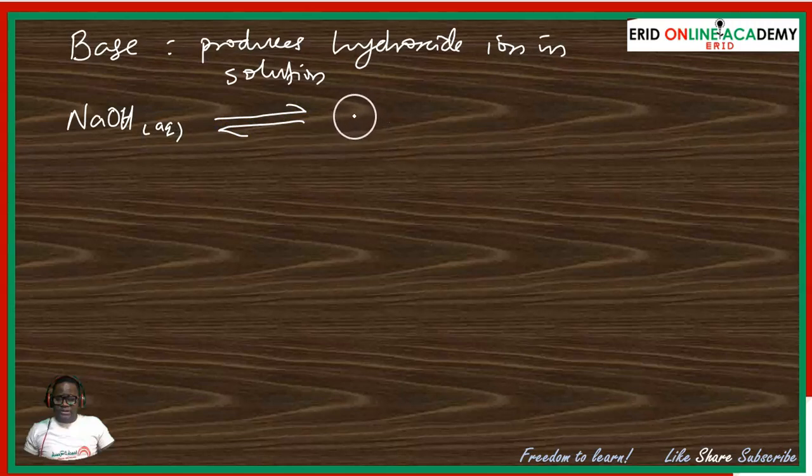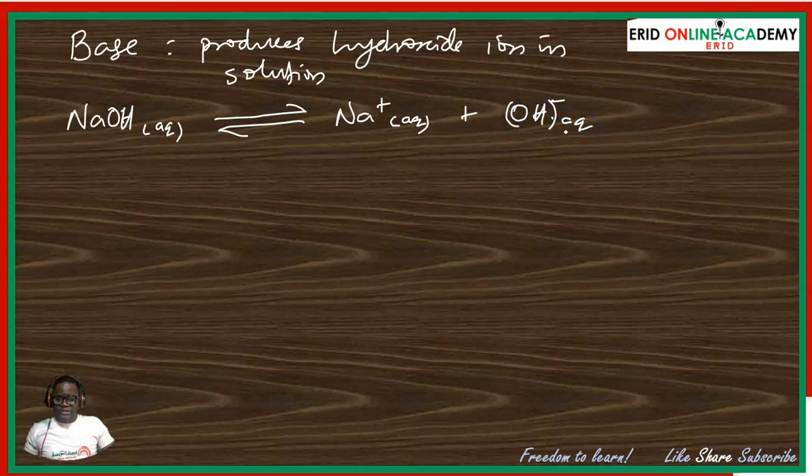So something has to measure the amount of sodium hydroxide in solution, and that is the concentration of hydroxide ion. This sodium hydroxide is going to split into two parts, the metallic ion part and the hydroxide ion part, which is aqueous.